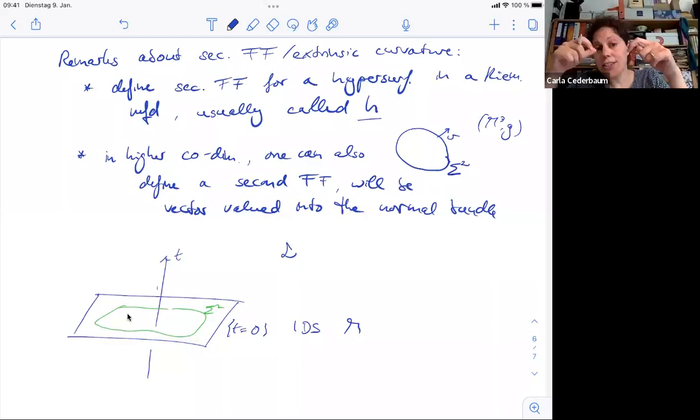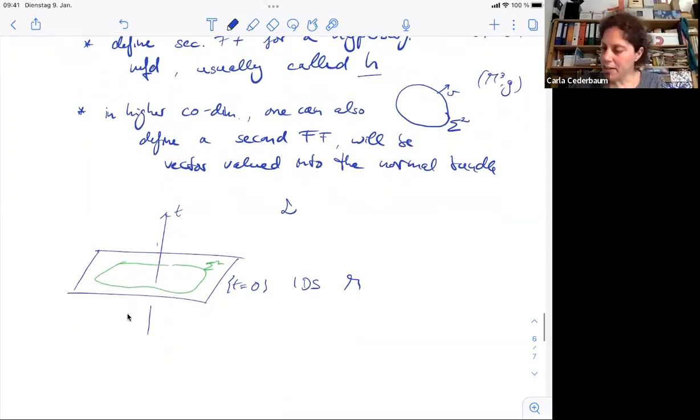And as such, it has a vector-valued second fundamental form, which I'm not going to draw, but what happens is that this vector-valued second fundamental form has values in the normal bundle, in the two-dimensional normal bundle to this surface in the space-time.